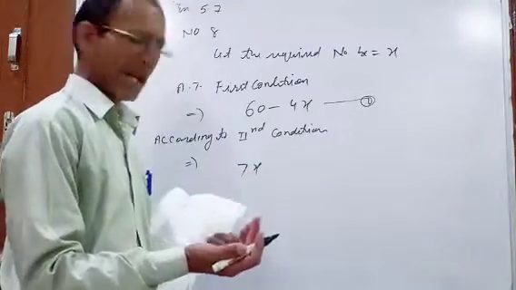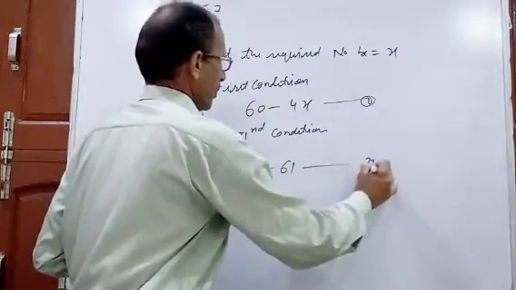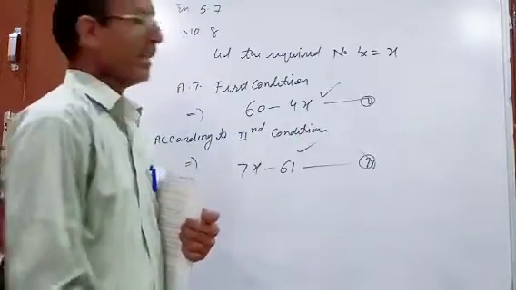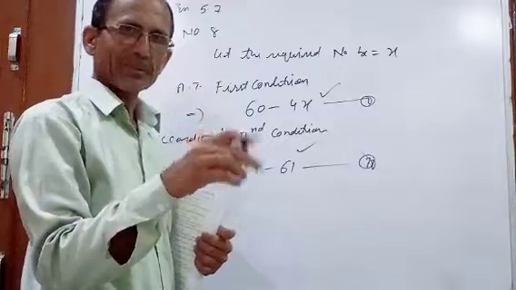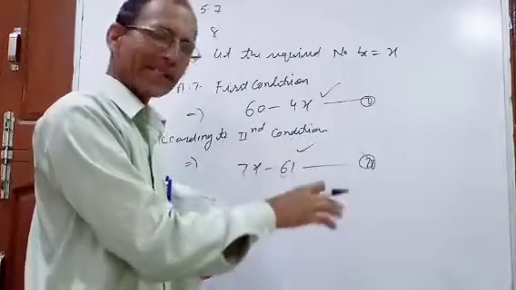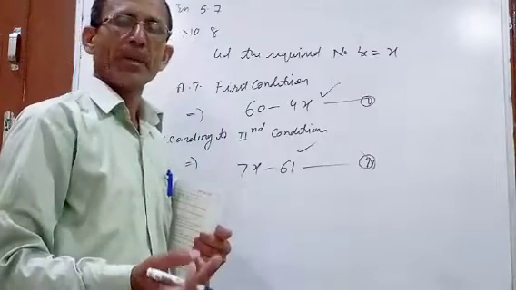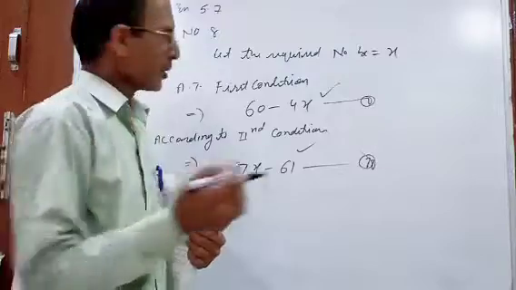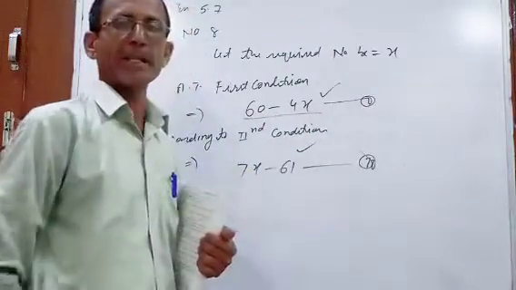If I subtract 61 from this, both will be equal. Both will be equal because 4 times the number is less than 60 and 7 times the number is more than 61. So both are equal. 60 minus 4x and 7x minus 61.